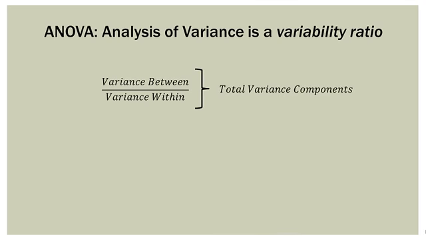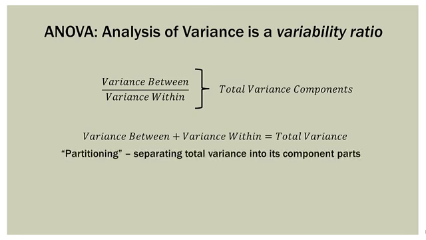Now if we put those together, those are the components of the total variance. For an ANOVA, we have the total variance split into two parts: the variance between the means, and the variance within each mean's distribution. Put together, we have the total variance for the entire data set.